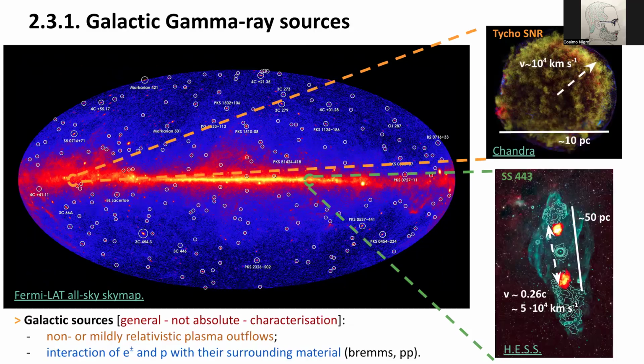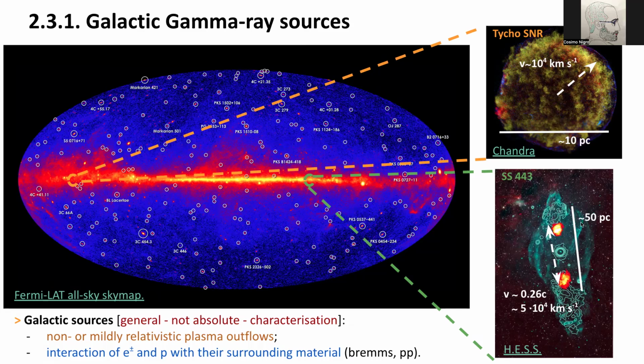So how are galactic sources in general? This is not an absolute characterization. This is some common feature that, if I were asked, I would extract from galactic sources. They have mildly or non-relativistic outflows of plasma, so they have jets or a remnant of a supernova explosion, and they are moving at a not significant fraction of the speed of light, okay?